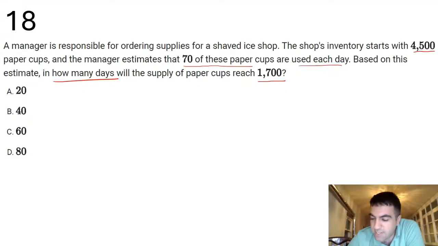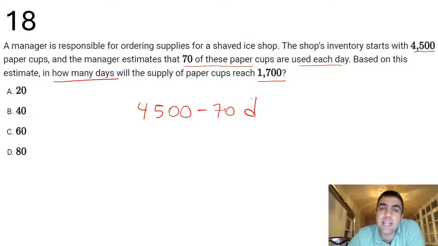Here it says it is B. We see that the initial value is 4,500 minus 70D, each day, right? 70 of these paper cups are used each day, so we should subtract. And it is equal to 1,700.